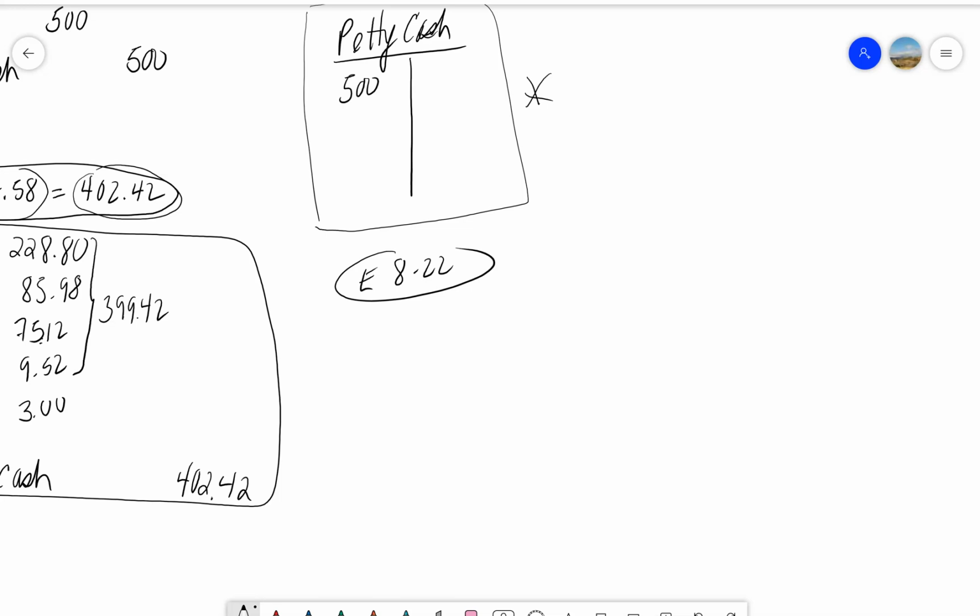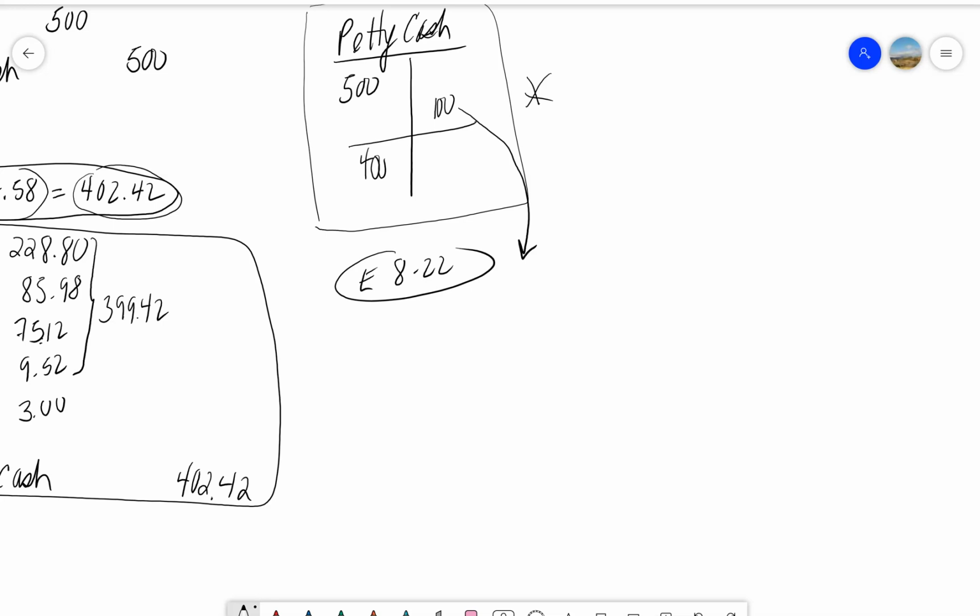We want to reduce it by 100 and bring it down to 400. So now we've got to record this journal entry. Now remember, we said earlier that an imprest petty cash fund means we're going to leave it at 500. The only time we change it is if we want to increase the balance above 500 or decrease it below 500. Now we're going to bring it down to 400.